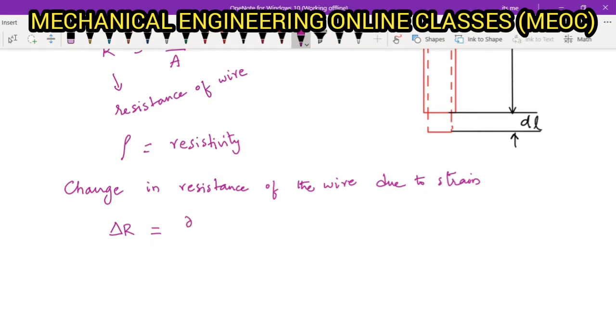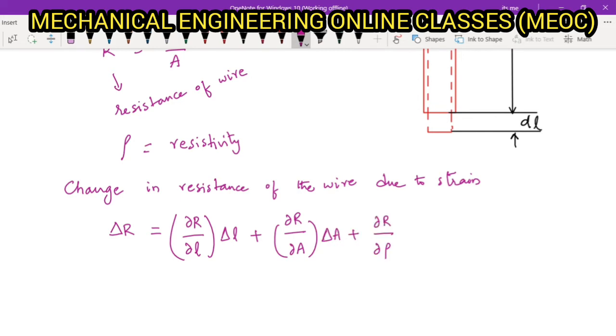So I am writing it in mathematical terms like this: dou R by dou L into delta L plus dou R by dou A into delta A plus dou R by dou rho into delta rho.